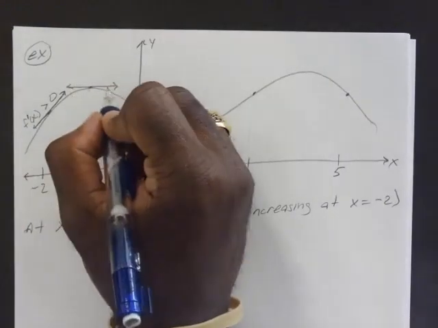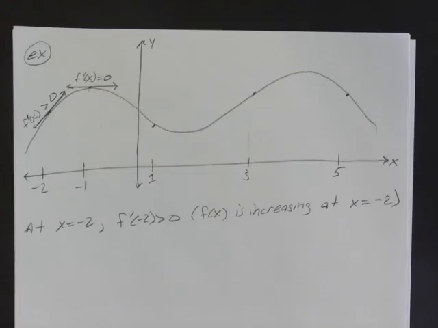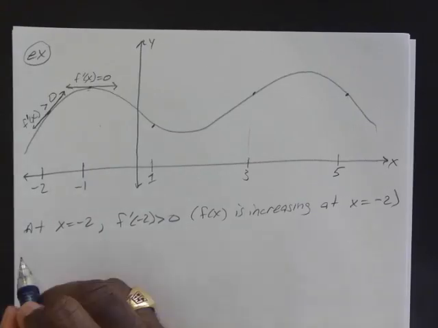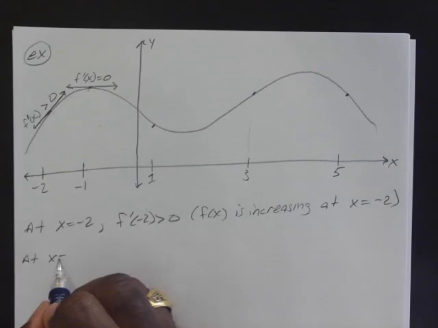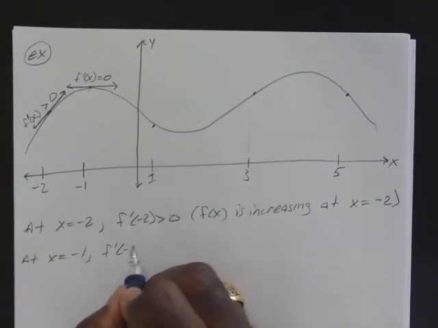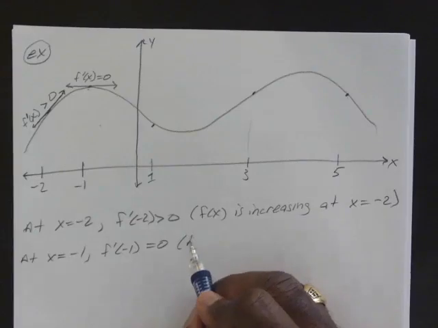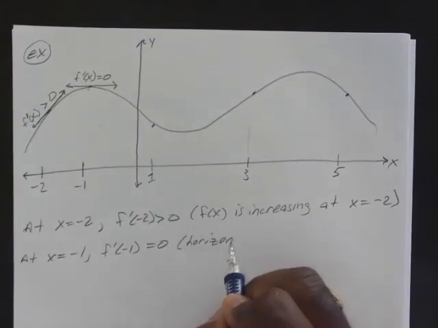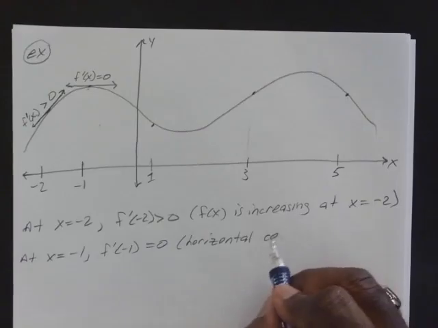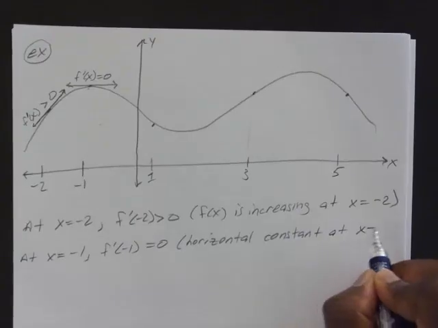So if the slope of the tangent line is 0, that means your f prime of x is equal to 0 whenever you have that horizontal tangent line. So that tells us that at x equals -1, f prime of -1 is equal to 0 because you have a horizontal, constant slope at x equals -1.